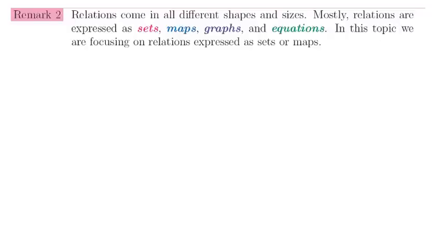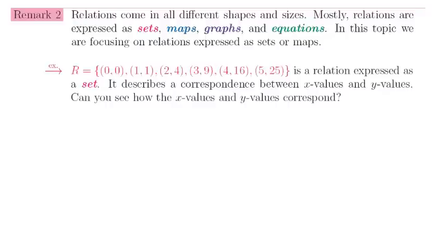Relations come in all different shapes and sizes. In mathematics, the relations that we are going to look at will most likely be expressed as sets, maps, graphs, and equations. In this specific topic, we will focus our attention on relations which are expressed as sets or maps. For example, this relation R, consisting of this set of ordered pairs, is a relation expressed as a set.